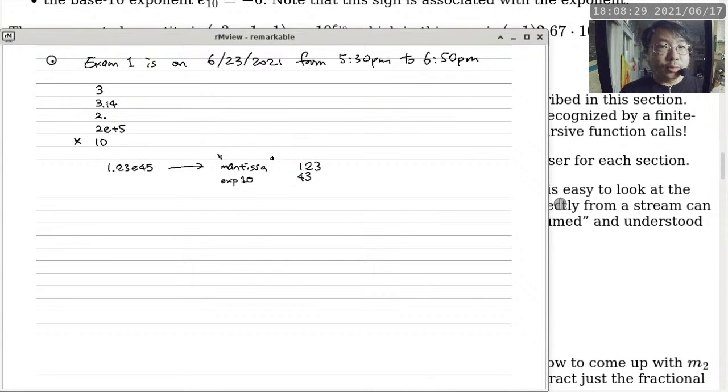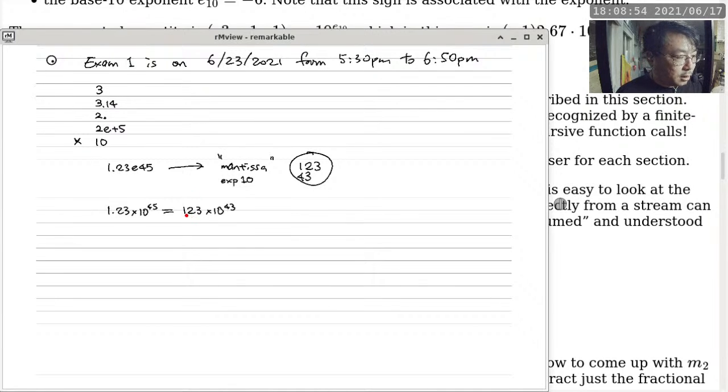So I'm still preserving the value being represented, but this time I'm only using integer values, because 1.23 times 10 to the power of 45 is exactly the same as 123 times 10 to the power of 43. So that is what I need to represent after the parsing.